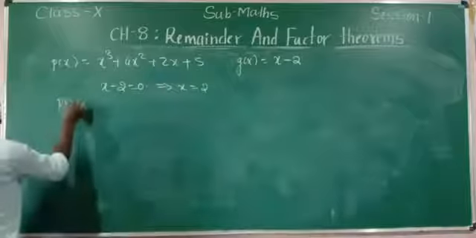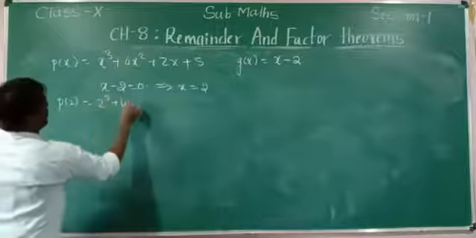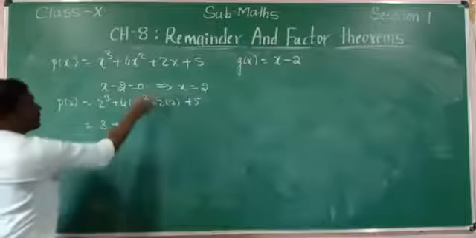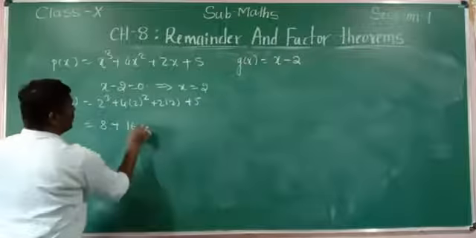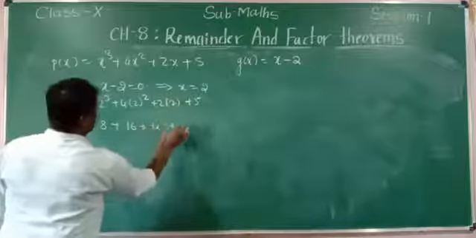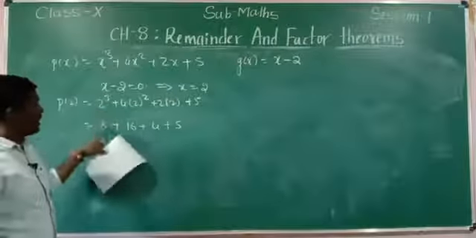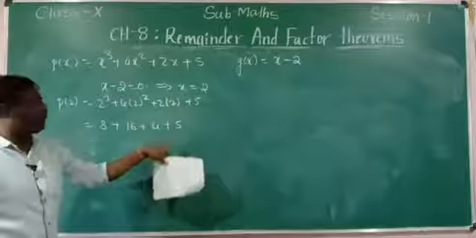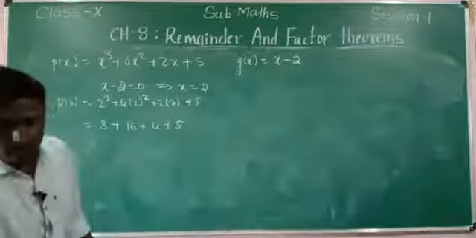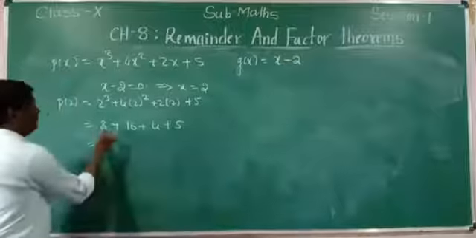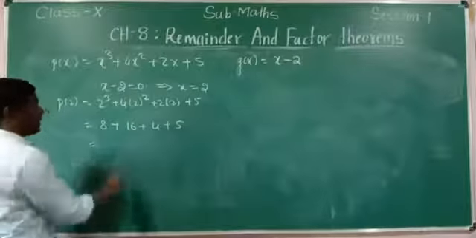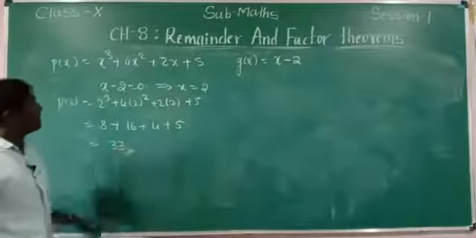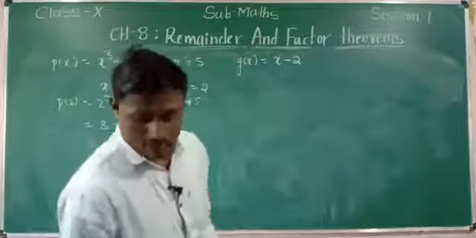So p of 2 is equal to 2 cube plus 4 into 2 square plus 2 into 2 plus 5. 2 cube is 8, 2 square is 4, 4 4s are 16, 2 2s are 4, and the remaining 5 as it is. Now 16 plus 4 is 20, 20 plus 8 is 28, 28 plus 5 is 33. So 33 is the required remainder of the given expression.